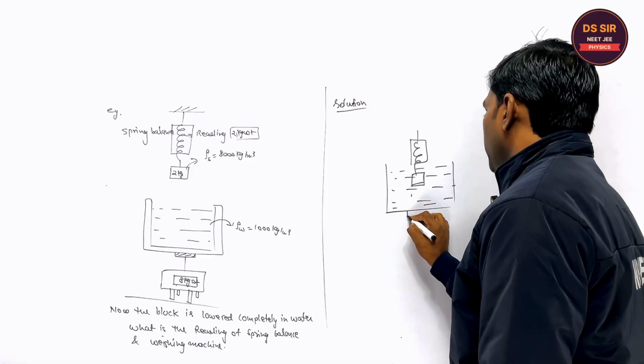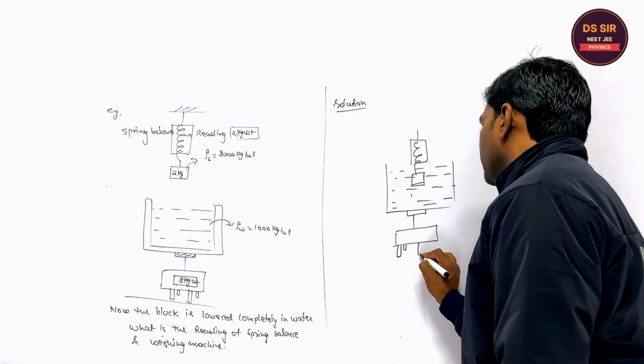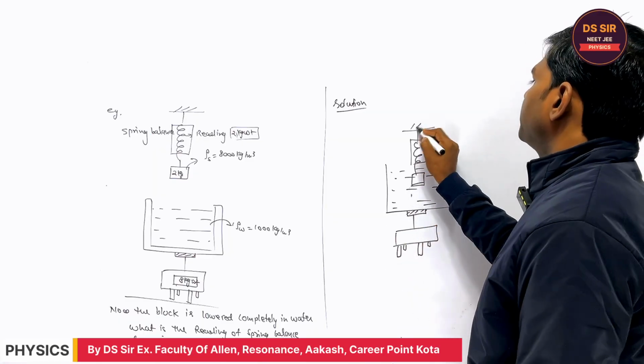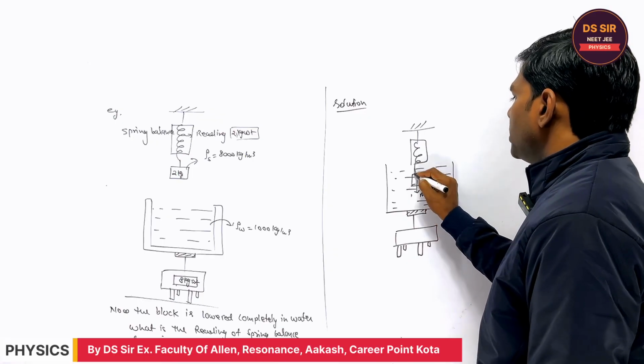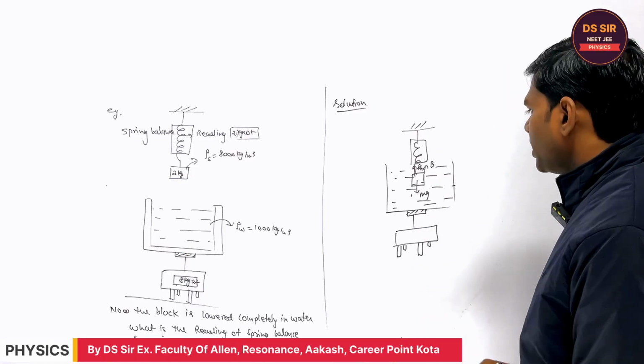And this is connected to the weighing machine like this, right? Tell me, how many forces will act upon this now? Say the mg, the spring force and the buoyancy force. Is it clear or not?